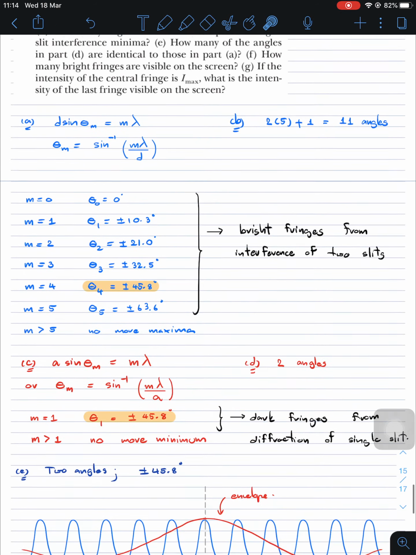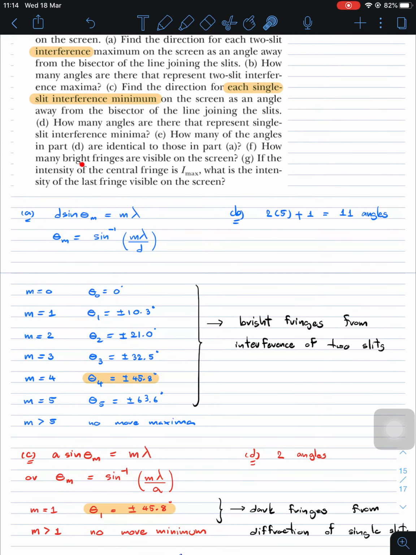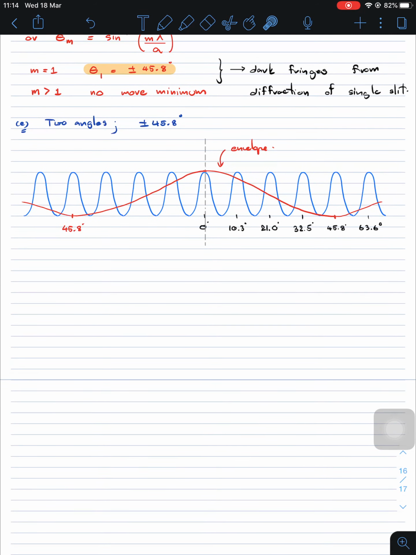Now the question of part F is how many bright fringes are visible on the screen. If you look at this, at this angle of 45.8 degrees, this one and this one will go to zero. It's going to be the minimum because it's controlled by the diffraction pattern of the single slit.